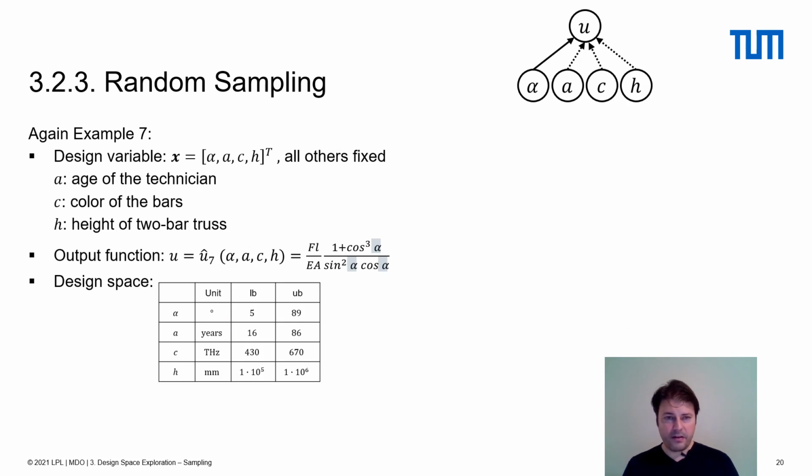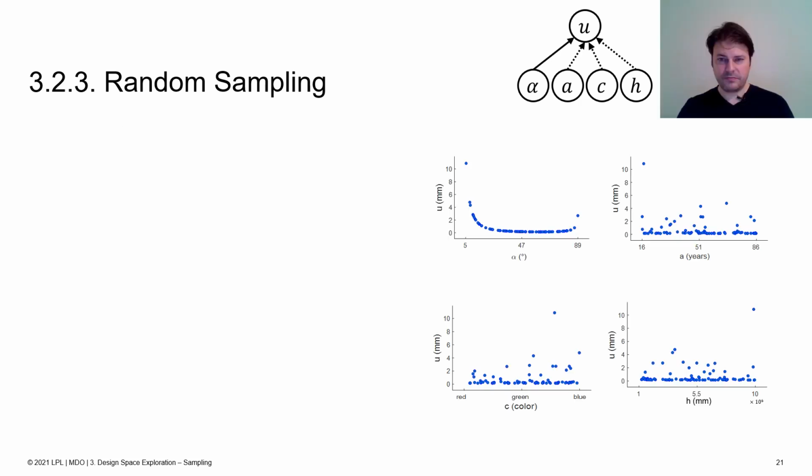So now let's look at example number 7, where we had 1 relevant and 3 irrelevant design variables. We cannot look at the full response function, the 3D surface that we use for 2-dimensional input spaces, anymore, because there are too many design variables involved.